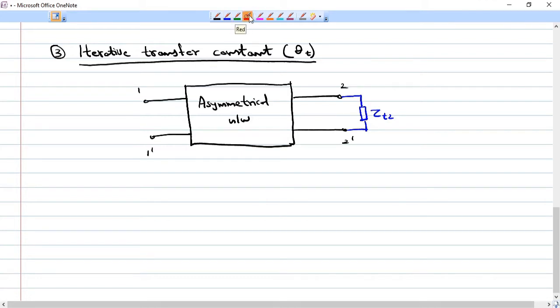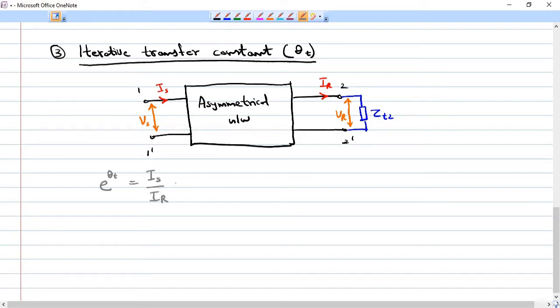Also we have the sending end current IS and the receiving end current IR. We have the sending end voltage VS across the 1 dash terminal and the receiving end voltage VR across the 2 dash terminal. Now we have defined the quantity e power theta t as the ratio of the sending end current IS to the receiving end current IR.